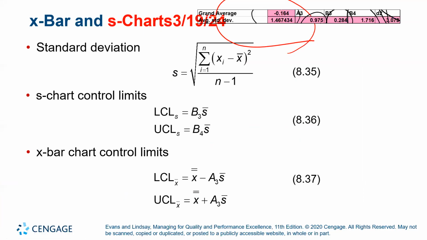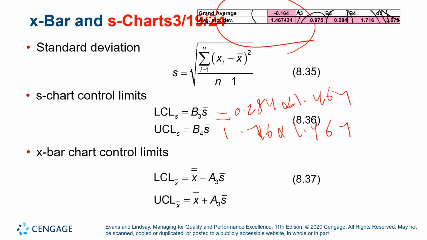So the lower control limit is equal to B3, which is 0.284, times 1.467. The upper control limit is B4, 1.716, times the same 1.467.